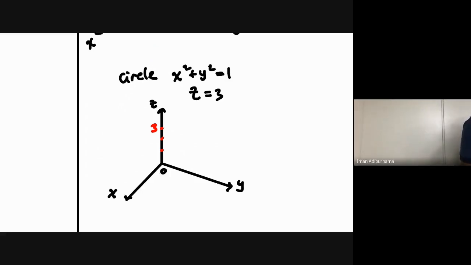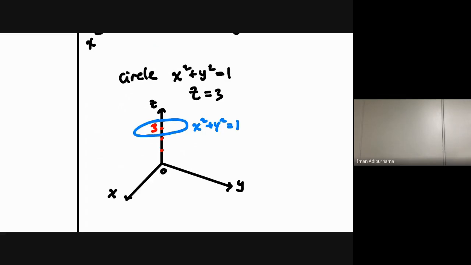So you will have a circle here. So it's x squared plus y squared equal 1. If you see from above, and you imagine the Cartesian plane, you will see x squared plus y squared equal 1, right?